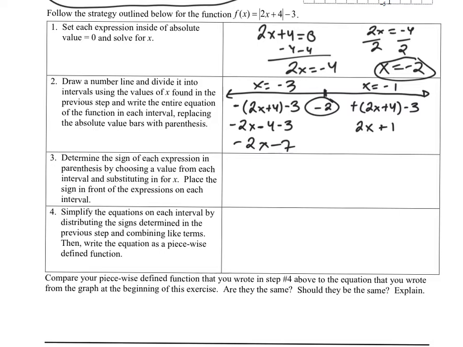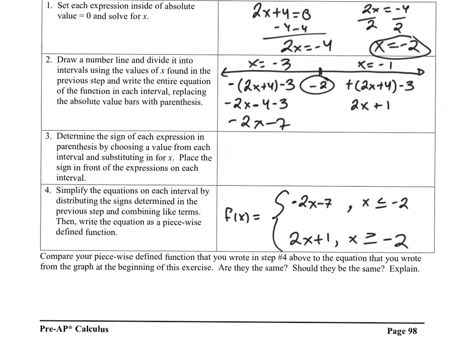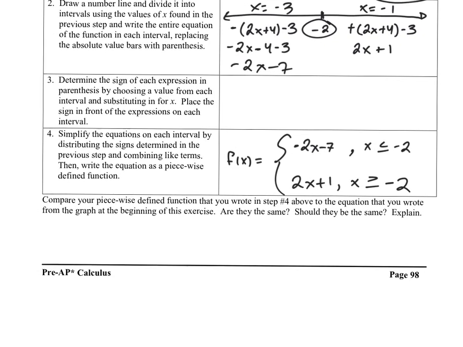So our function is f(x) equals -2x - 7 when x is less than or equal to -2, and our right side is 2x + 1 when x is greater than or equal to -2, okay?